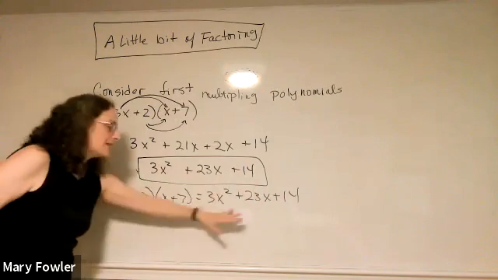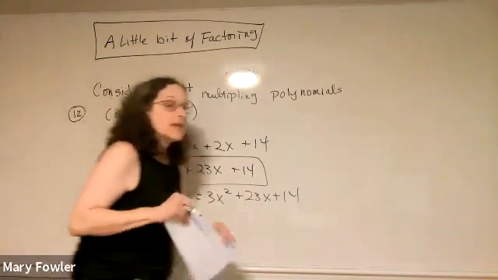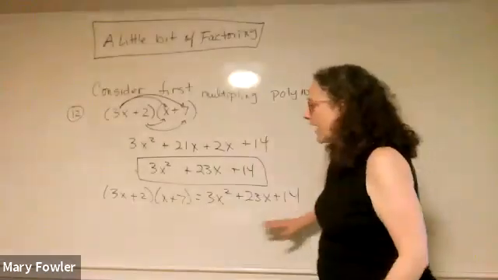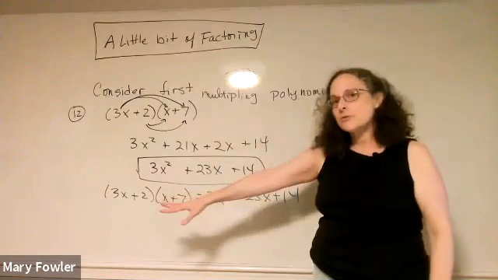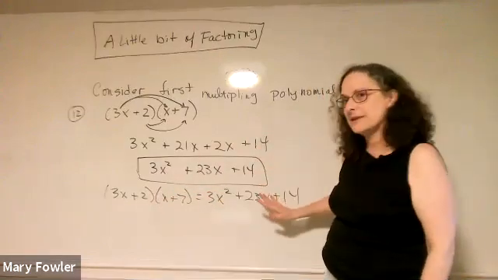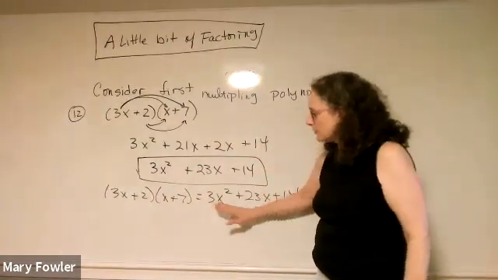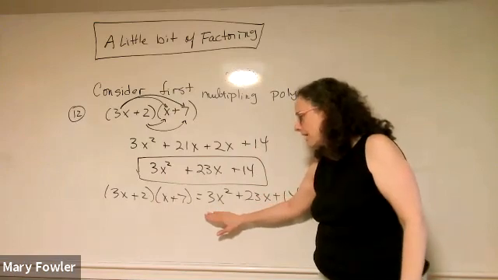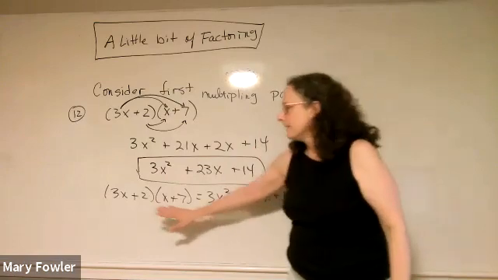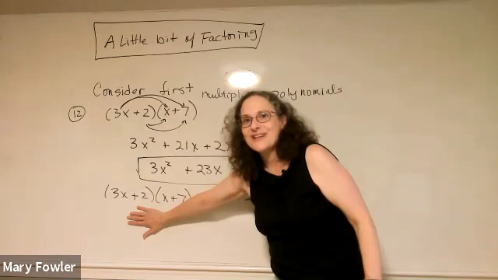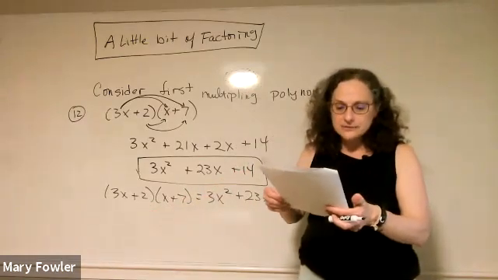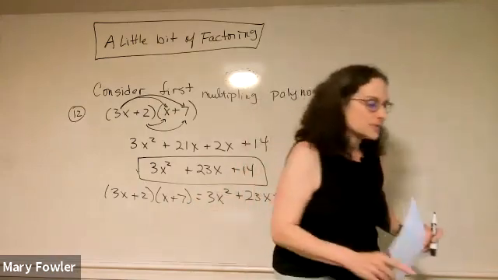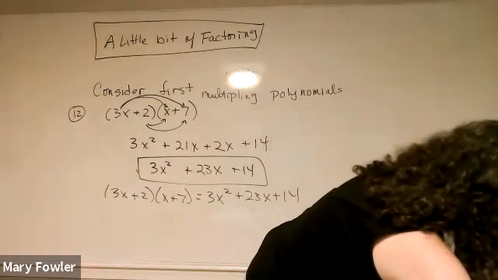When we go from right to left, we're factoring. So I just want to make sure that connection is there. I could ask you to factor the expression on the right, and then the answer would be the expression on the left. So we're just going to play around a little bit in a few different kinds of factoring problems as an example.